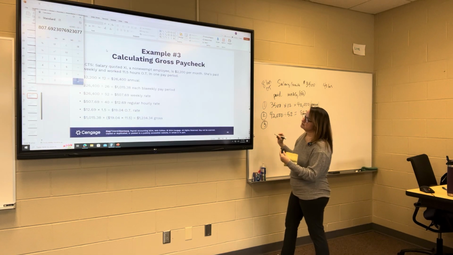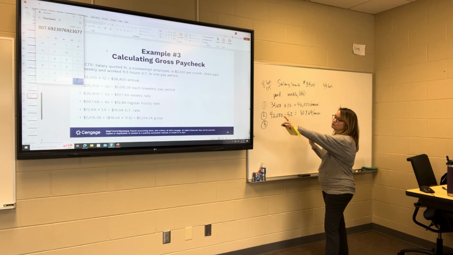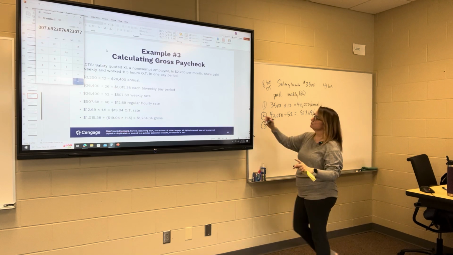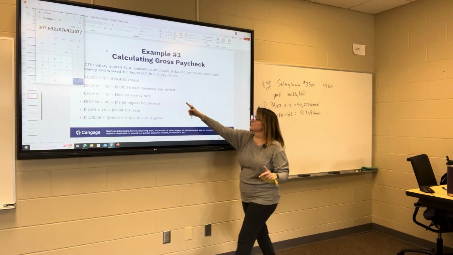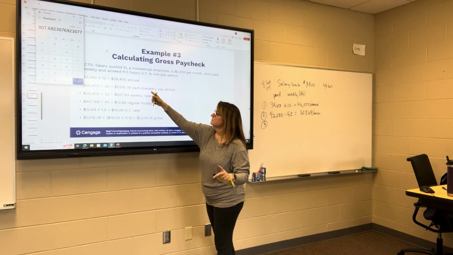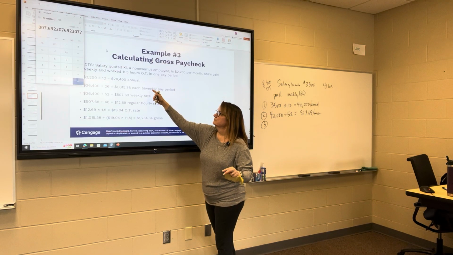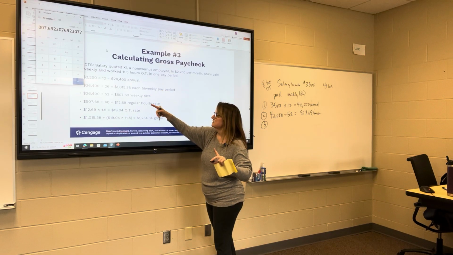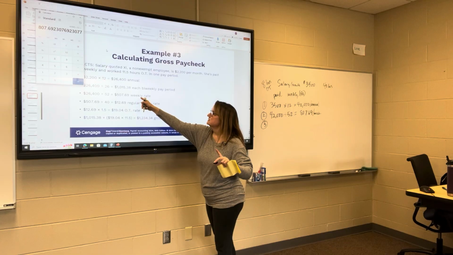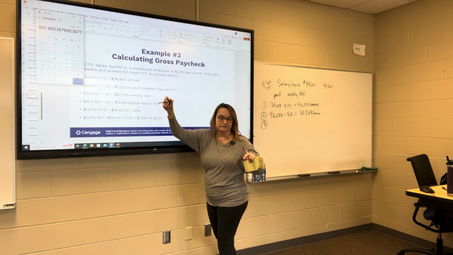Third step. Normally this is what she's going to be paid on a weekly basis, $807.69. Because she's paid weekly, we don't have to do a separate step here. We would do this if they're paid on a different frequency, but because she's paid weekly, this condenses both steps into one.